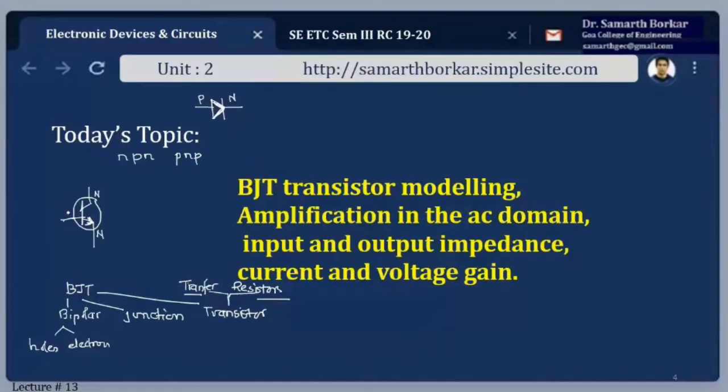So this is an NPN transistor. If I want to draw the PNP transistor, then the three terminals, always you have to encircle this. So P, N, P. Arrow always points towards the N.